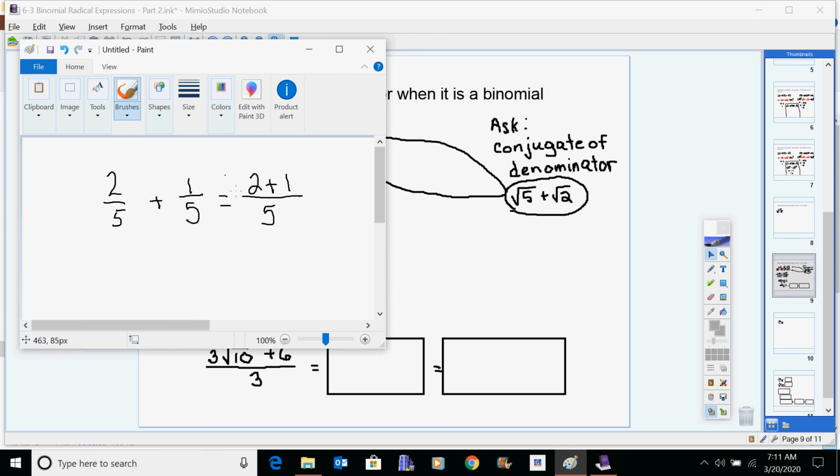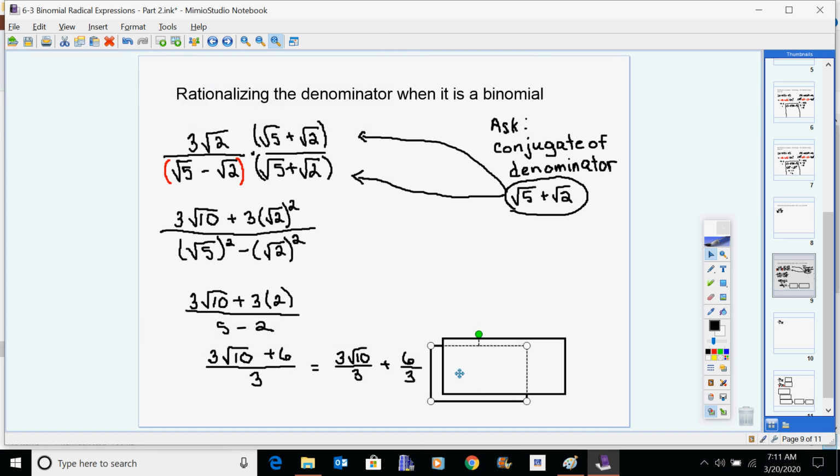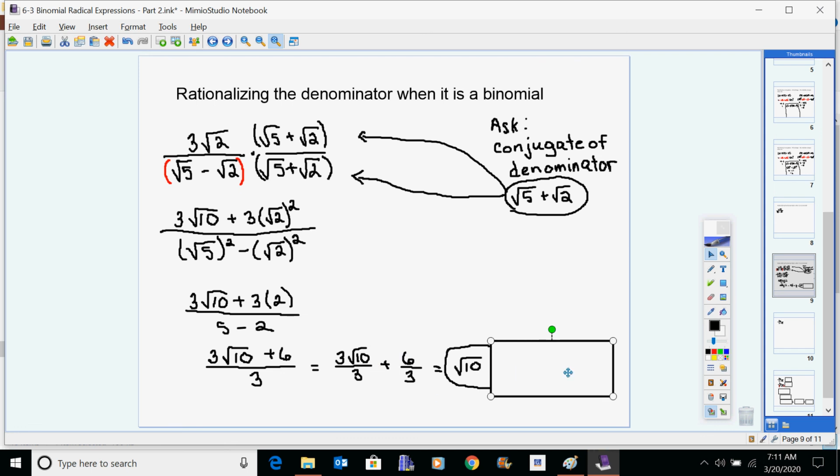So you can think of it in the reverse way too, where this could be broken down into a couple of individual pieces. So this, since it equals this, can also go backwards, and that's what's happening here. You're taking 3 square root of 10 over 3 plus 6 over 3. And the reason we do that is to be able to simplify, because 3 divided by 3 cancels out and you just get square root 10. And 6 over 3 cancels out and you just get a 2. So that should be very helpful to you.